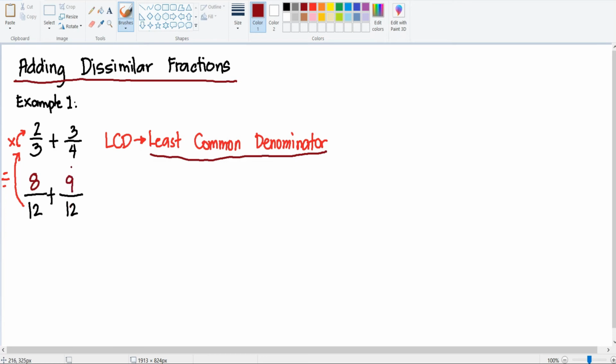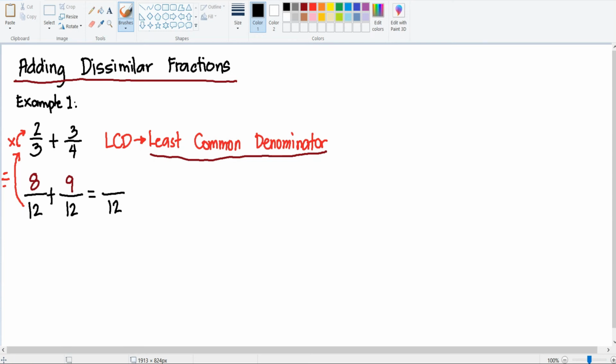Now, because we already have the same denominator, therefore we can simply add it using the steps that we had a while ago about adding similar fractions. So because they have the same denominator, let us write first the denominator so that we can't forget, and then add now the numerators.